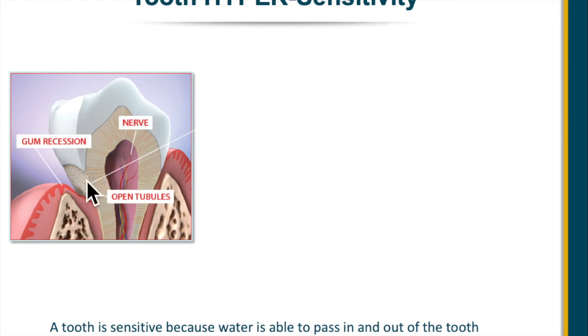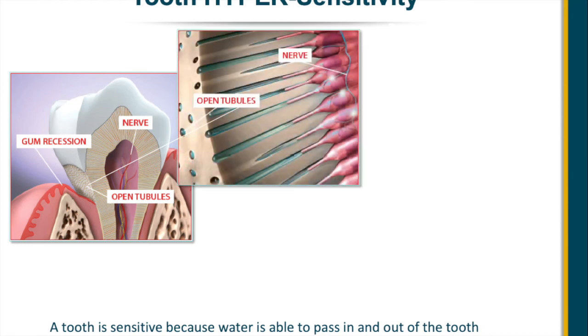In fact, it's made up of millions of little stacked tubules, and the ends of those tubes are facing into the mouth. When the gum tissue is not covering the dentin, it can recede and expose those open tubules, and it allows water to move in and out and stimulate that nerve on the inside of the tooth. And it is very sensitive.